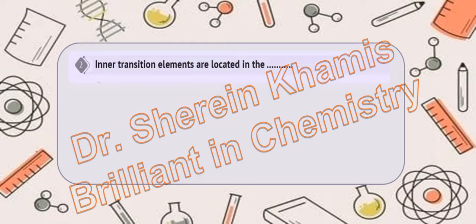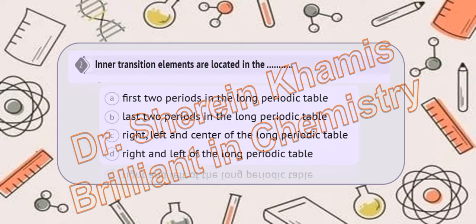Question number 2 says: inner transition elements are located in the, and we have choices: first two periods in the long periodic table, last two periods in the long periodic table, right, left and center of the long periodic table, and right and left of the long periodic table.